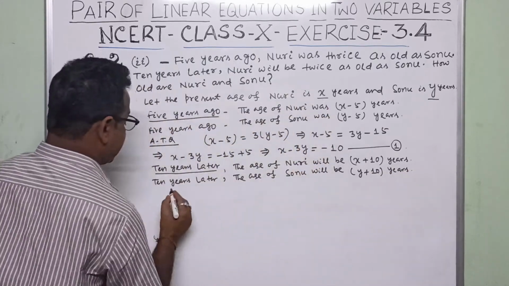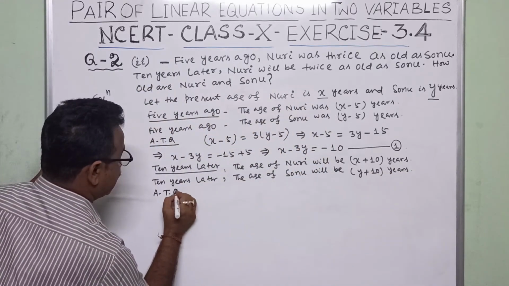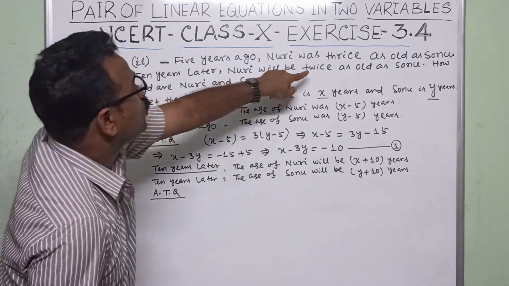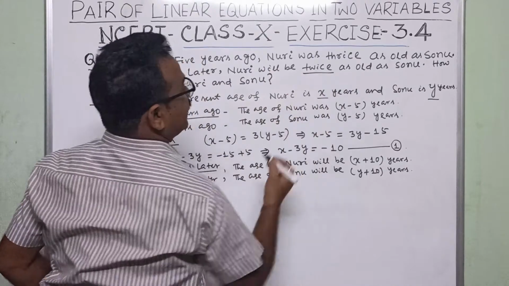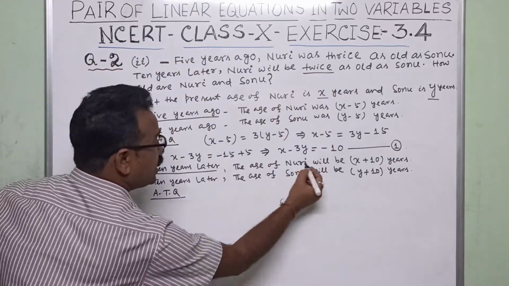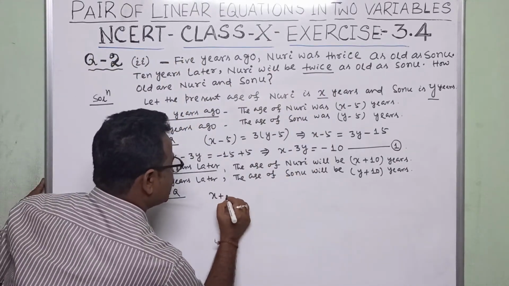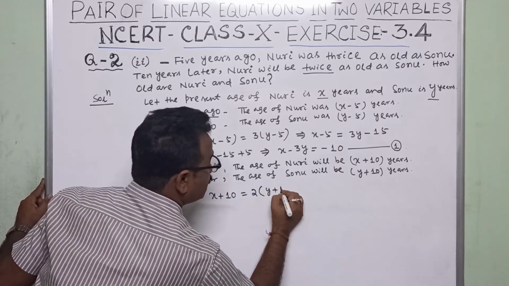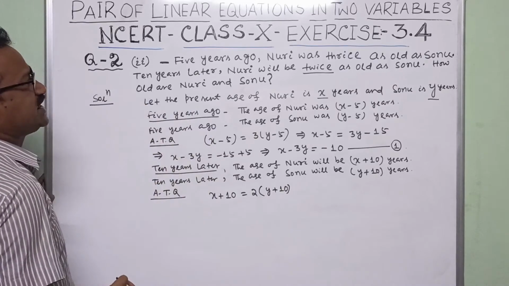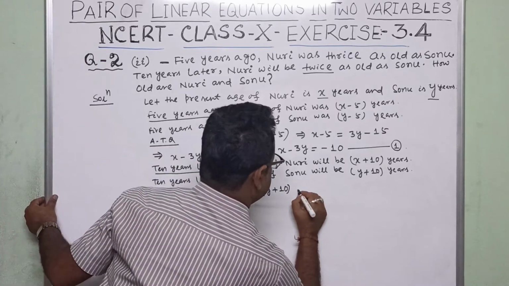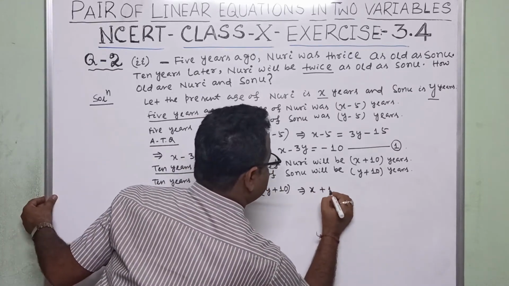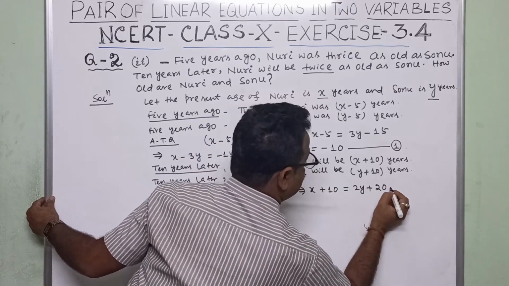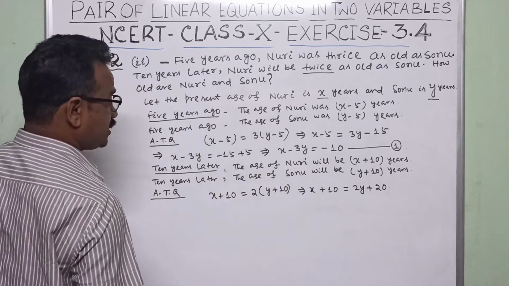According to the question, Nuri will be twice as old as Sonu. So x plus 10 is equal to 2 into y plus 10, that implies x plus 10 is equal to 2y plus 20.